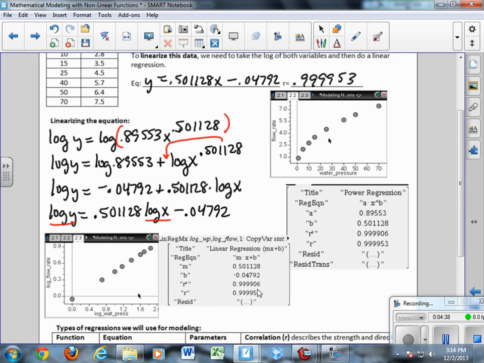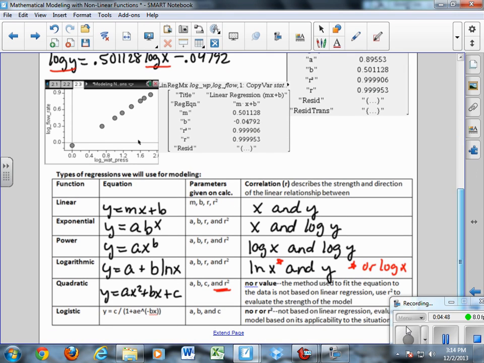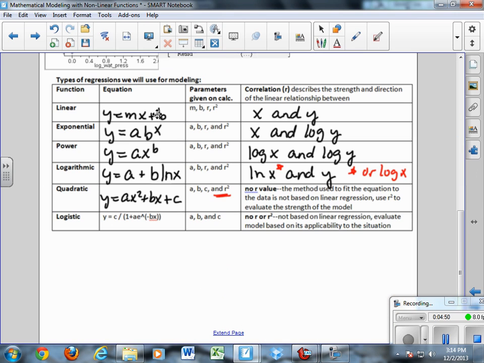So both exponential and power functions can be linearized and therefore have R values. If you look down at this table, this shows you that linear, exponential, power, and logarithmic graphs all have R values, because they can be linearized, written in some sort of linear form.